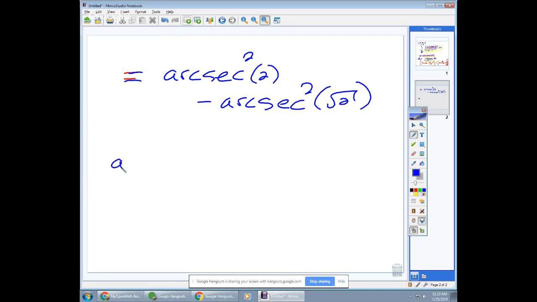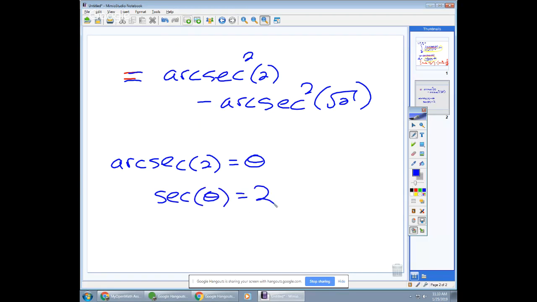If the arc secant of 2 equals something, it's an angle, which means the secant of some angle is equal to 2. Secant is 1 over cosine, right? So we could flip and say that means the cosine of some angle has to be 1/2.